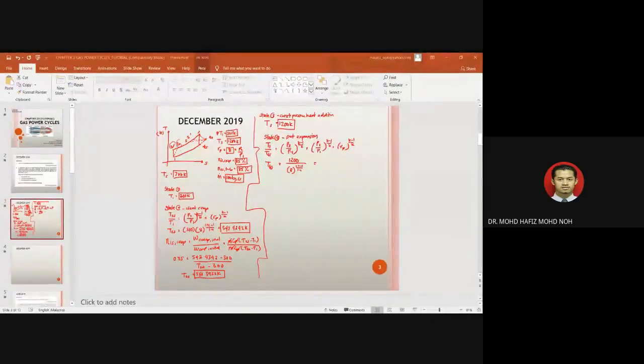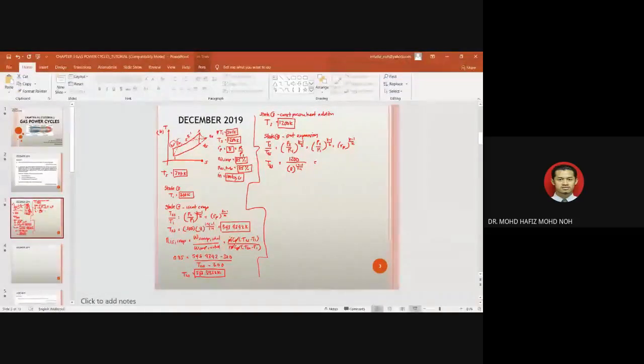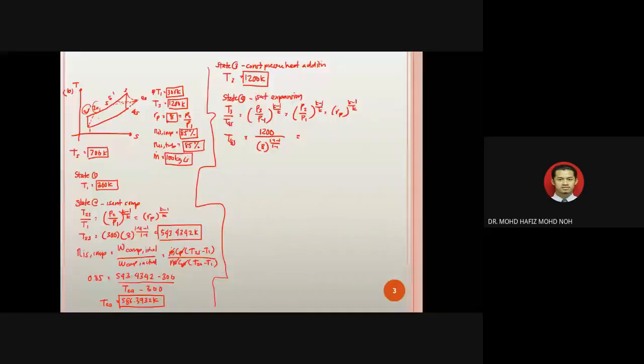With T3 of 1200 and a pressure ratio of 8, the value of T4S is 662.4537, if I'm not mistaken. So T4S will be 662.4537.